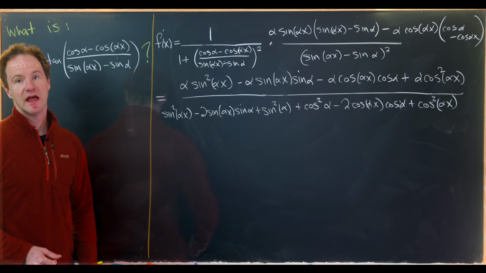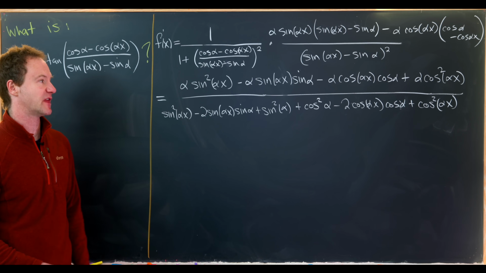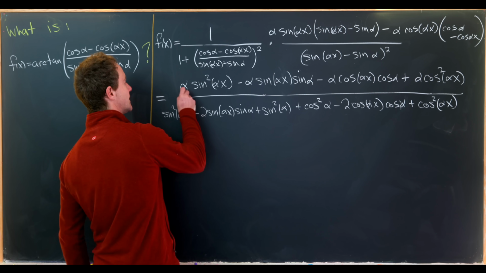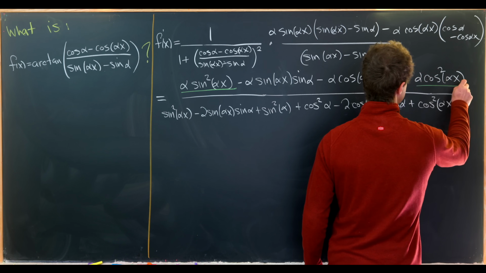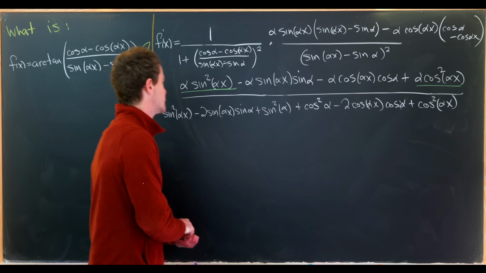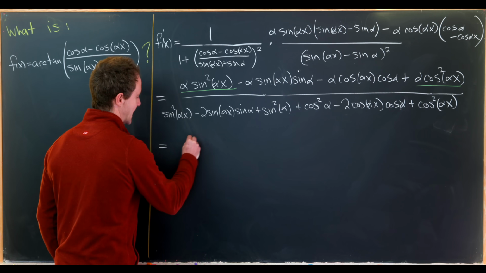So we have that. And now we have a couple of instances of the Pythagorean trig identity. So here we have alpha times sine squared. Here we have another alpha times cosine squared. So those will add up just to plain old alpha.